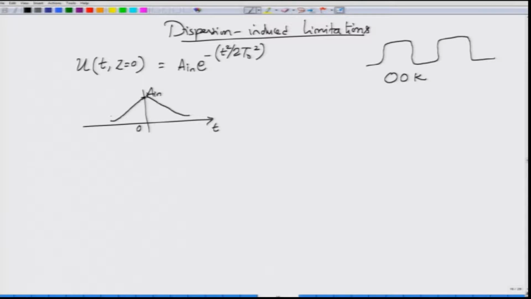The width of this in terms of the FWHM, that is the full width at half maximum, when the amplitude has decayed to half, is roughly 1.665 times T0. So, this is the optical pulse that is actually launched.